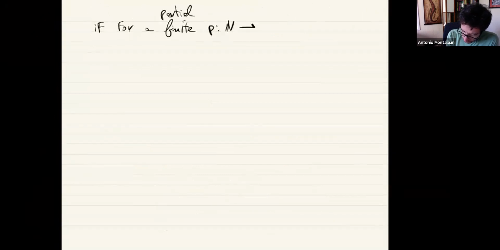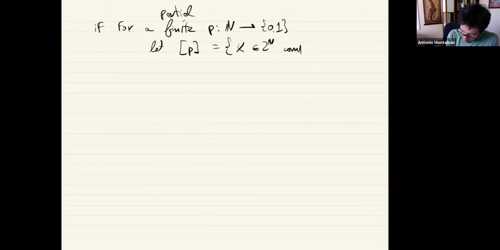So essentially, for a finite partial function p from n to 2, we let the set of p be the set of all x's in 2 to the omega that are compatible with p.